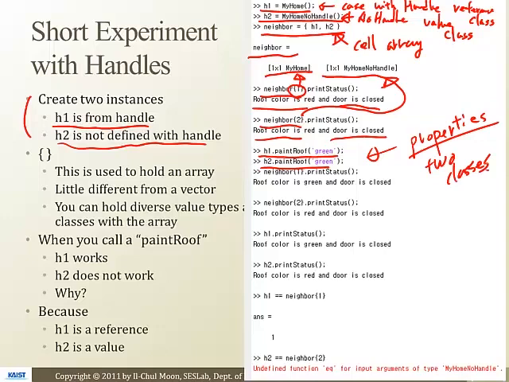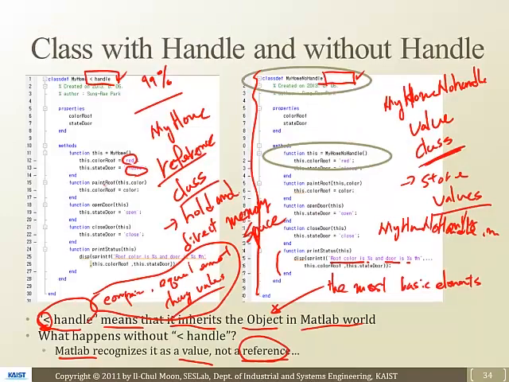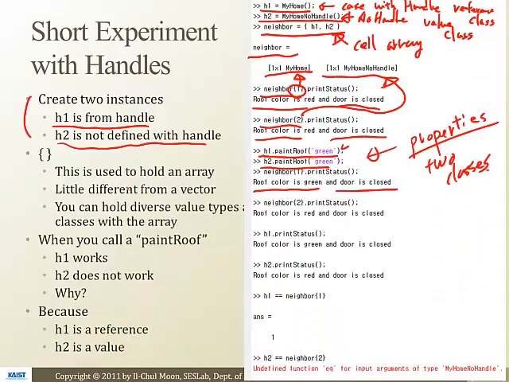Let's see what happens. H1, the case with handle: roof color is green and door is closed, because we changed the property. Let's see the previous slide set. PaintRoof and this color, and this is the roof color. It changes to the color, right? So green is now the new red.